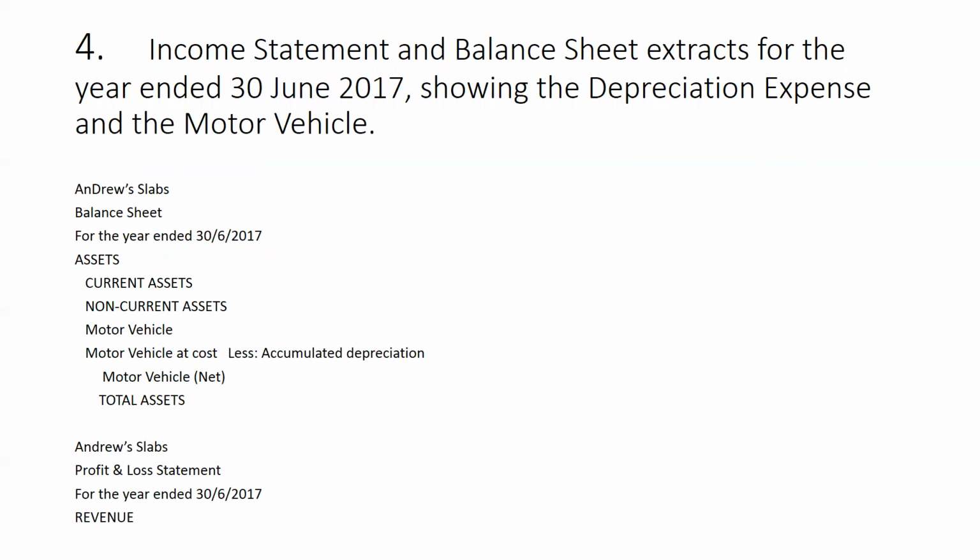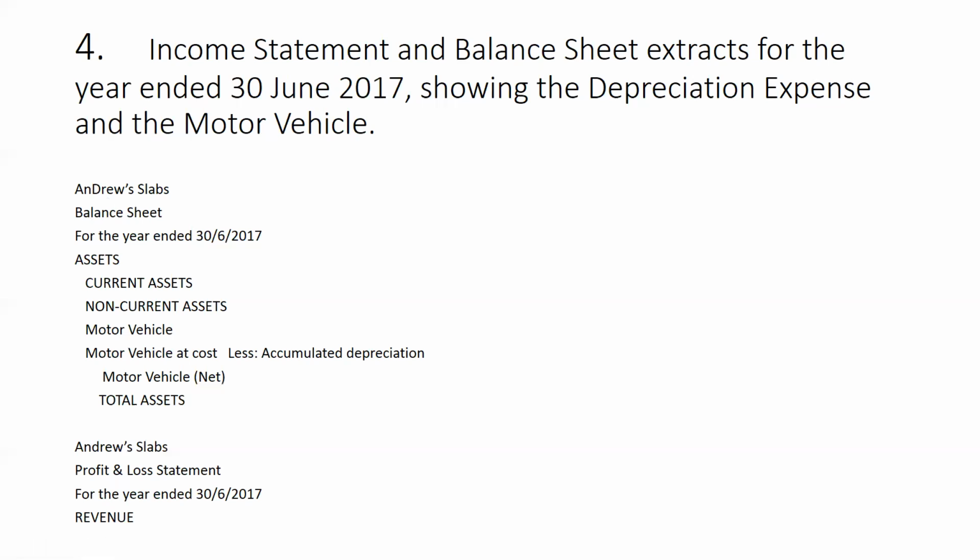Okay. So this is our income statement and balance sheet. If you look at the amount, let's start from the balance sheet. Just make sure you write the date. It's important to write the date, and the date for the balance sheet is 30/6/2017.